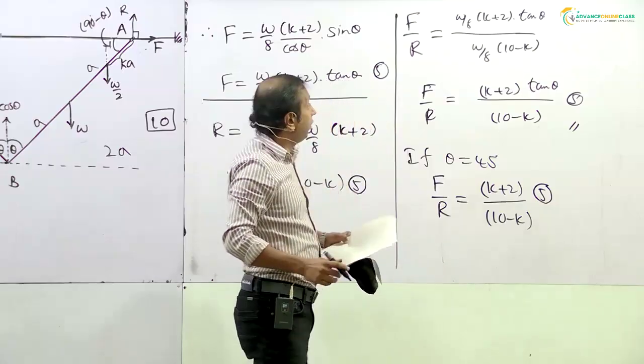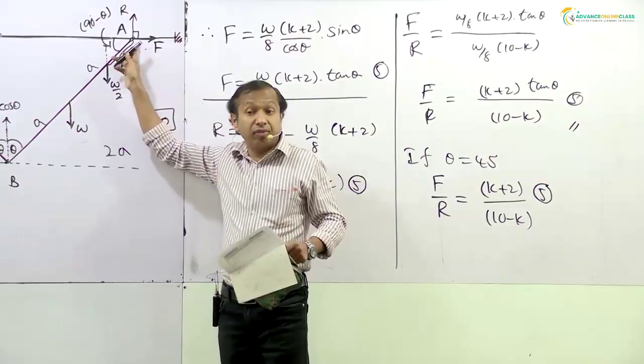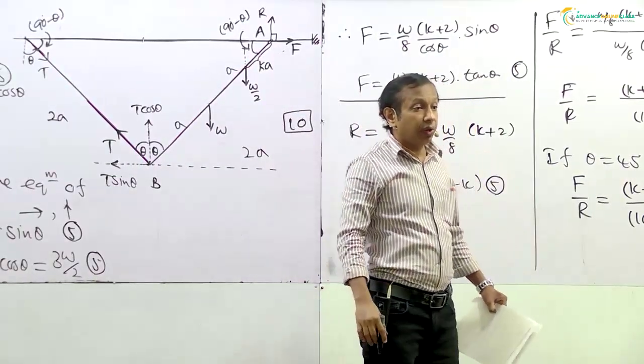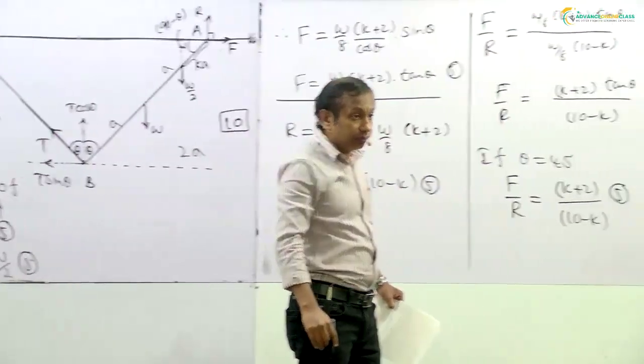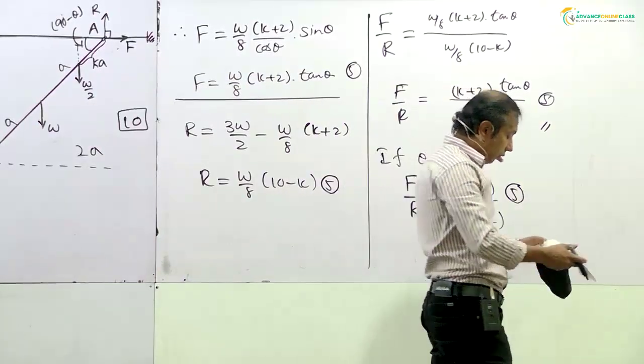Right. You know, this ring is in equilibrium without slipping. What is the condition required for the equilibrium without slipping? Mu greater than or equal to F over R. Understand?